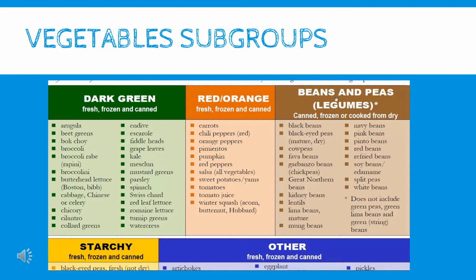There are 5 vegetable subgroups: dark greens, red and orange, beans and peas, starchy, and other.